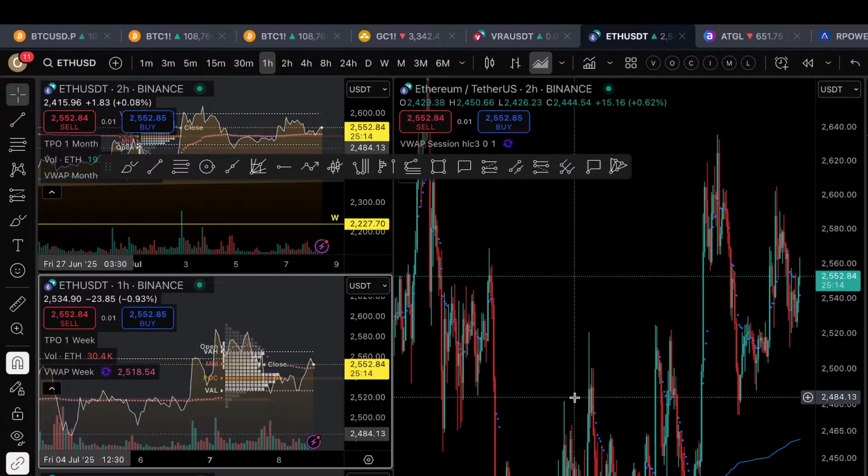Volume levels. To mark these levels: value area high, point of control, value area low.